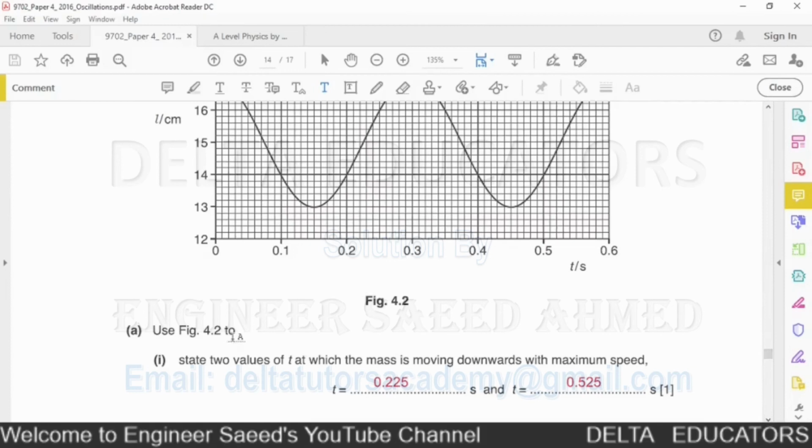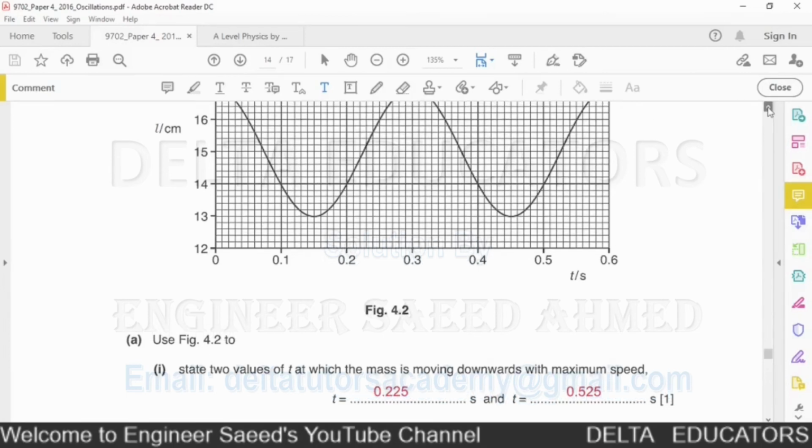Use figure 4.2 to state two values of t at which the mass is moving downwards with maximum speed. First thing, the maximum speed of the mass will be when it is at the mean position. At the peak position, the speed is 0, and at the mean position, the speed is maximum.